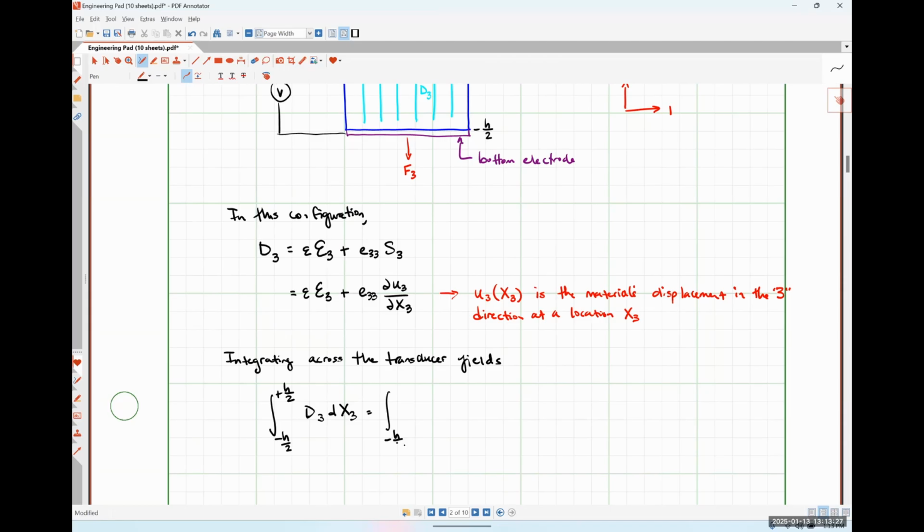So it's going to be from negative h/2 to positive h/2 of epsilon times the electric field vector in the 3 direction dx3, plus the integral from negative h/2 to positive h/2 of E33 times the derivative of U3 with respect to x3, and we're integrating with respect to x3.